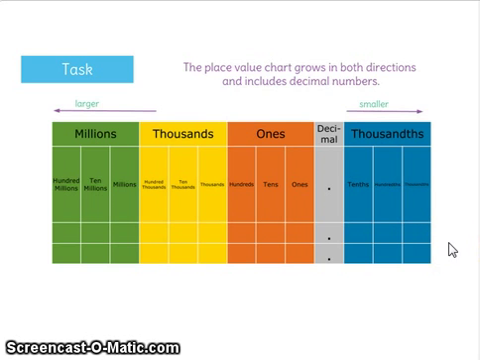How did you know that your partner read the number correctly? How does this place value chart help you read large numbers? I want you to pause and discuss those 2 questions.